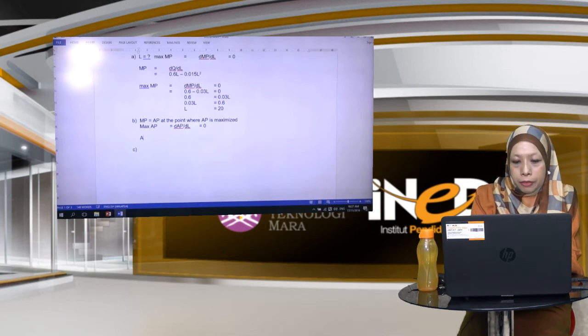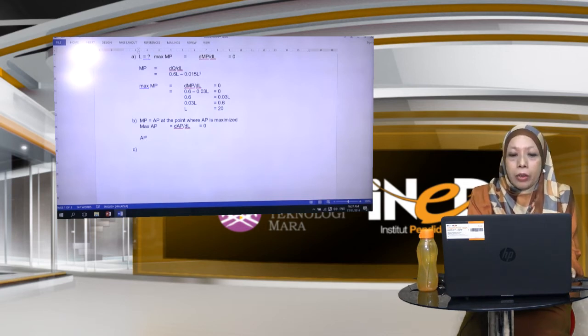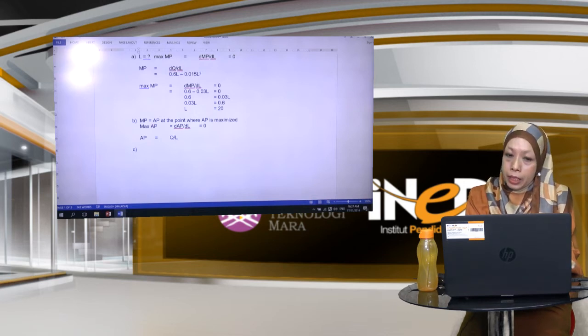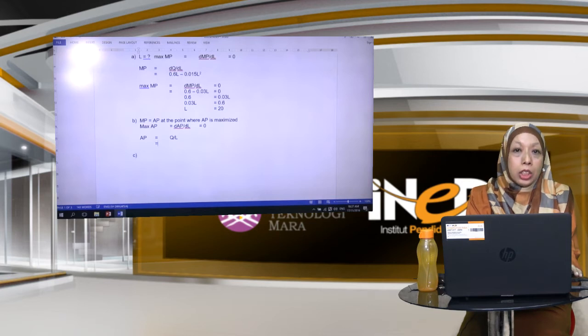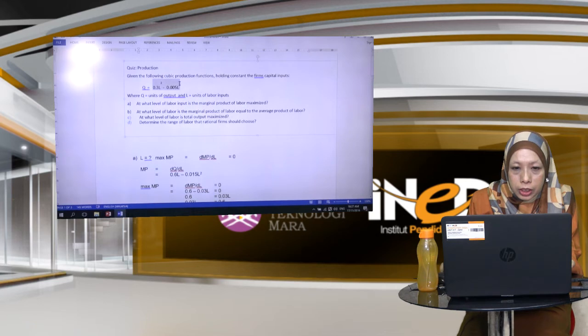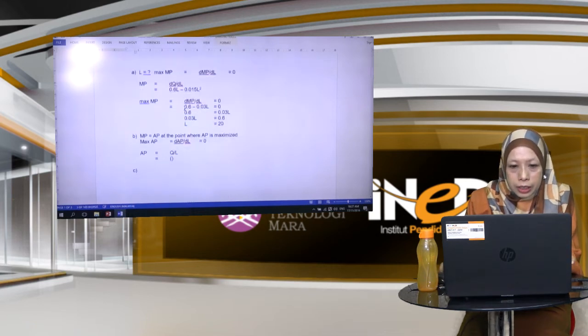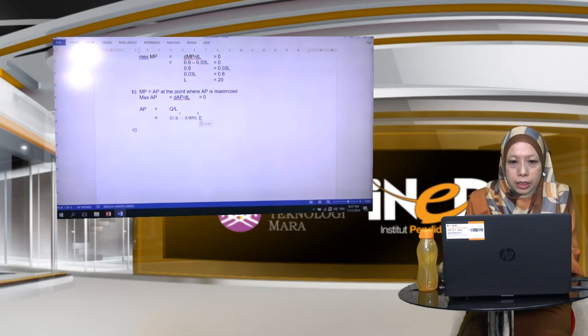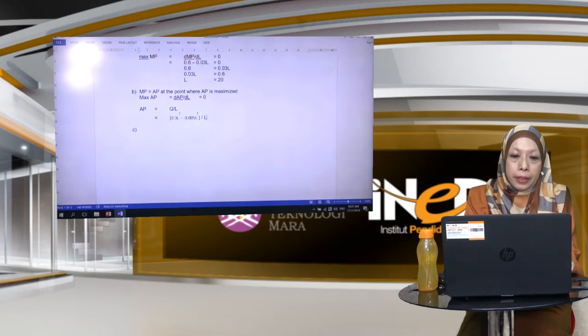So let's find average product. In the lecture, I have already informed you that average product is total product divided by the number of variable input. Because your total product here is represented by a function, so this is your function, isn't it? Put that in, and you have to divide it by L. So what do you need to do here?